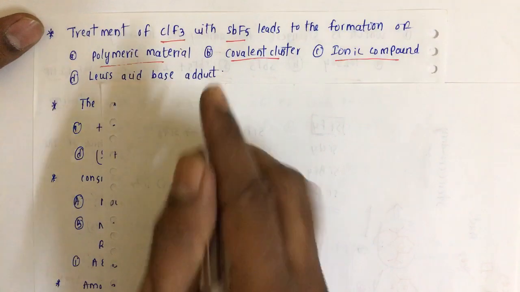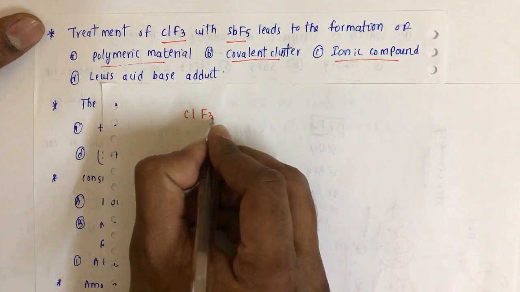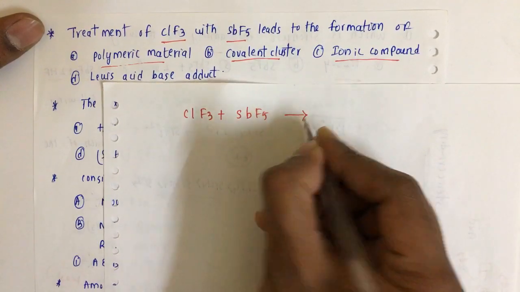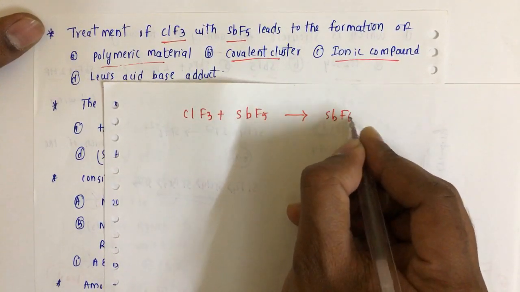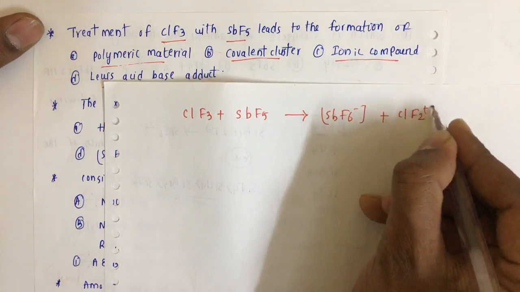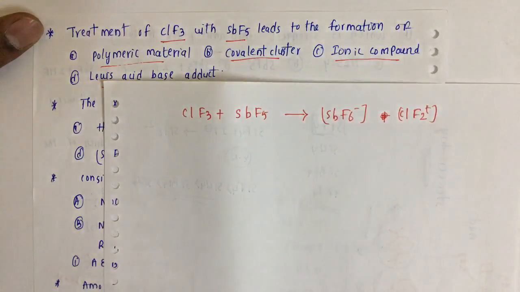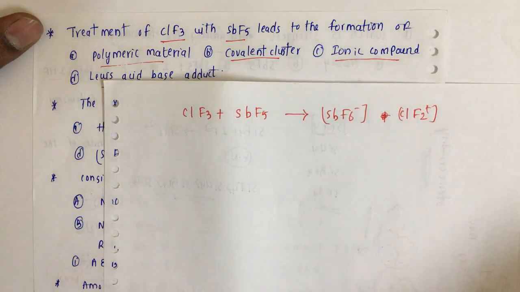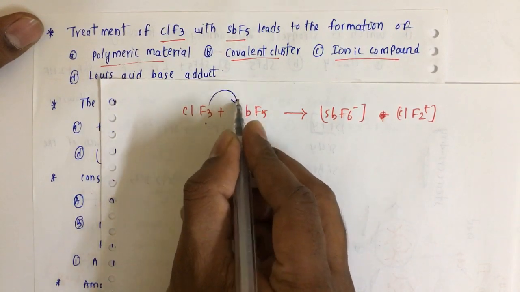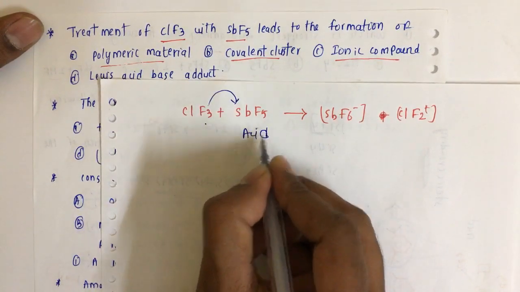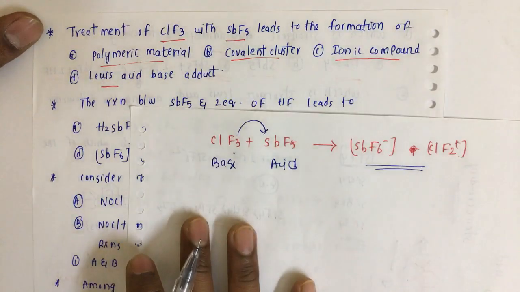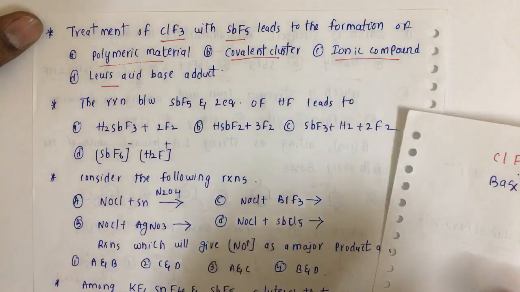Here we have ClF3 plus SbF5 which leads to form SbF6 minus plus ClF2 plus. So this is the reaction. Here we can see that the fluoride ion is going from here to here. So this is acting as an acid and this is acting as a base. So this forms a Lewis acid base adduct. So option D is the correct answer.